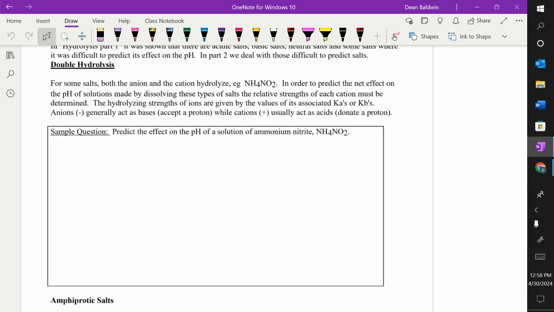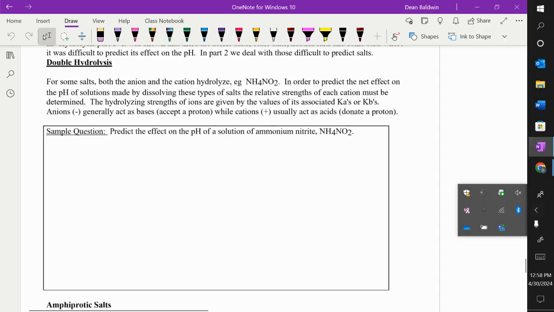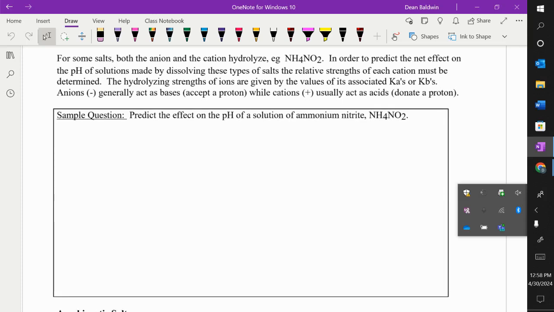Ammonium nitrite. So we got ammonium, and we got NO2 minus. The salts always split up.